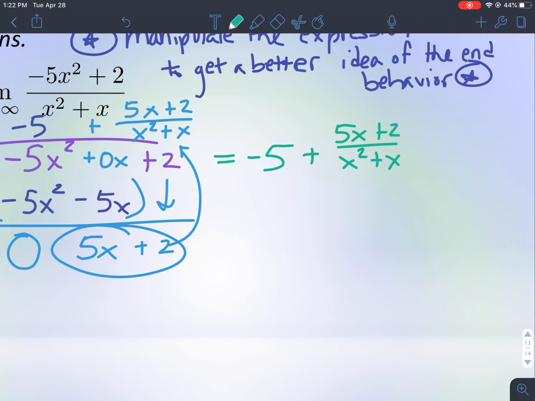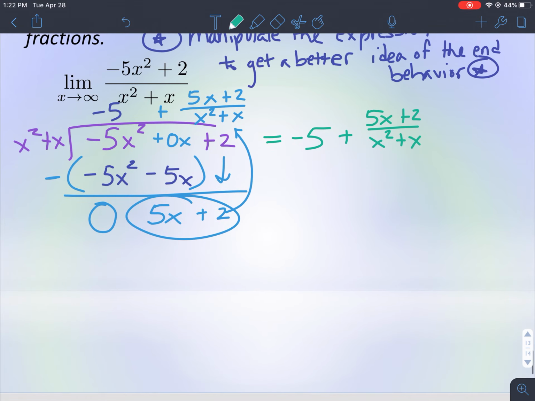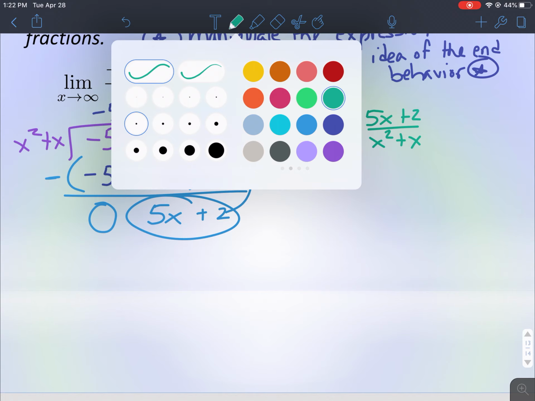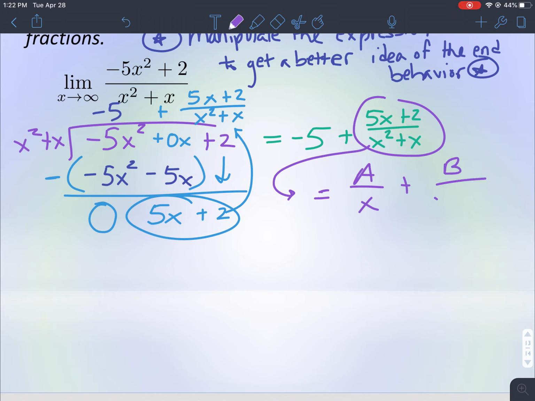Now let's perform the partial fraction decomposition of what's left over. This is going to be equal to a over x plus b over x plus 1.